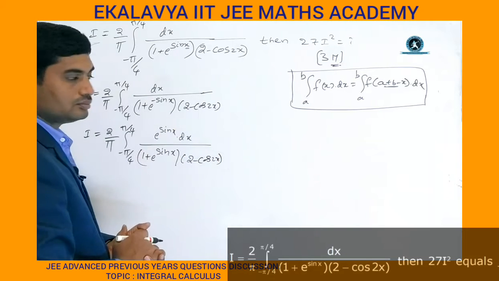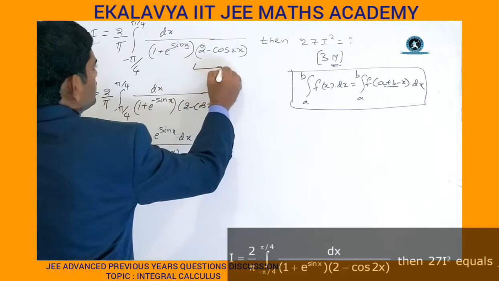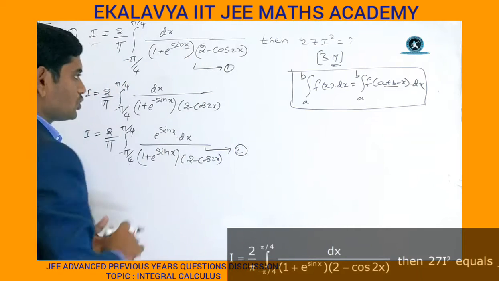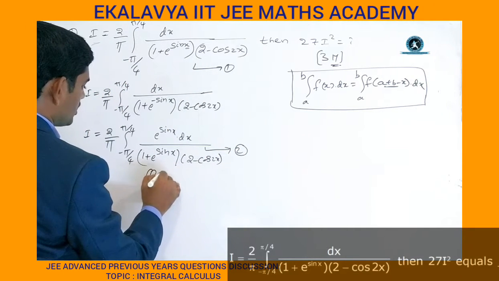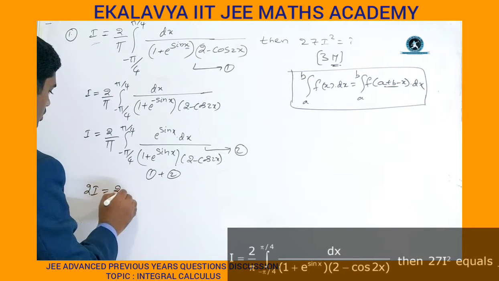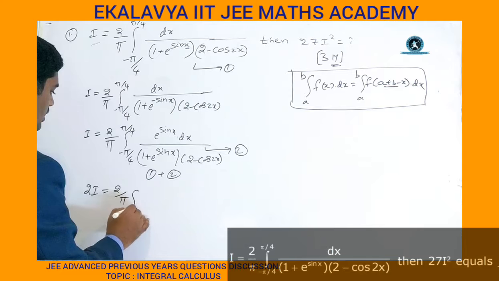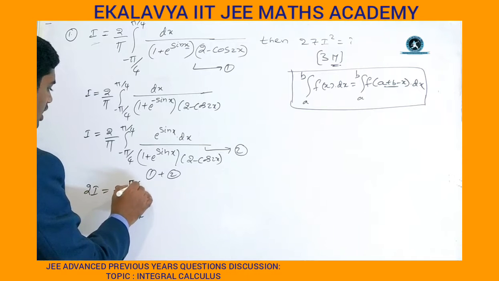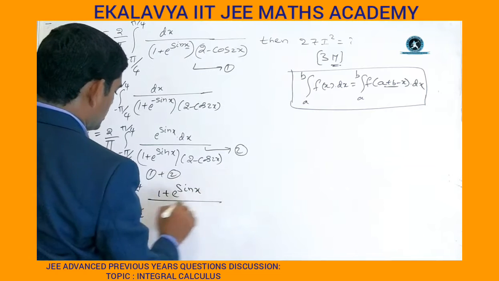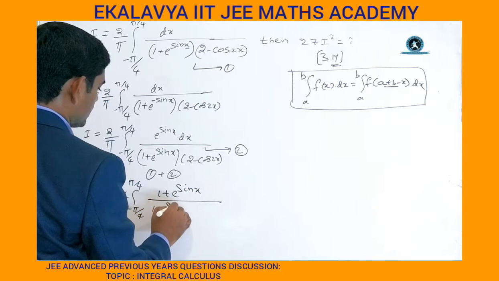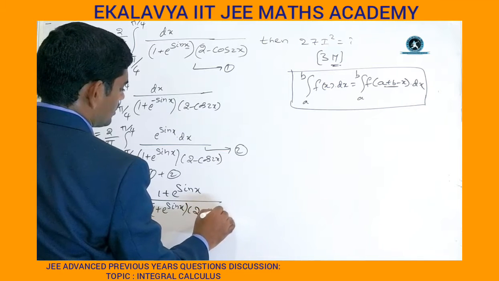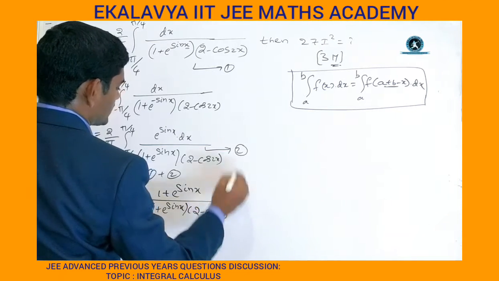Now I am taking this as equation number 1 and this as equation number 2. Now I am going to add equations 1 and 2. Then we get 2I, which is equal to 2 upon pi, integration of minus pi by 4 to pi by 4, of 1 plus e power sin x upon 1 plus e power sin x into 2 minus cos 2x dx.